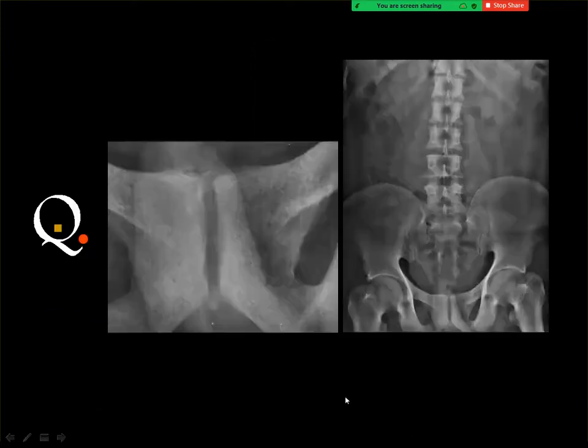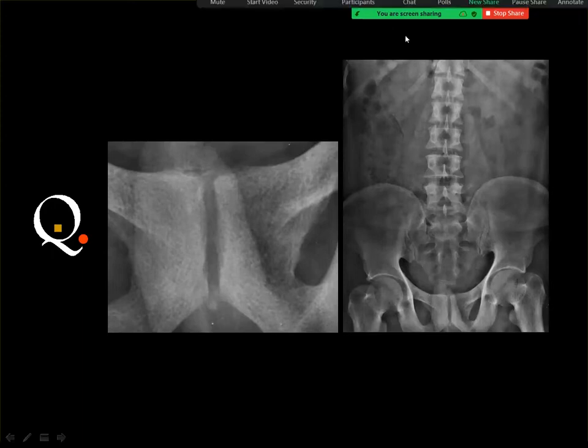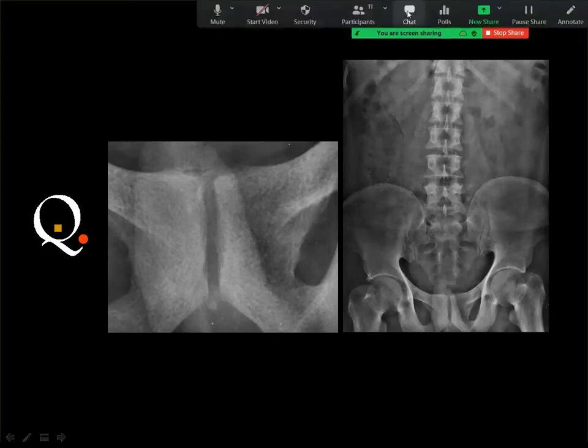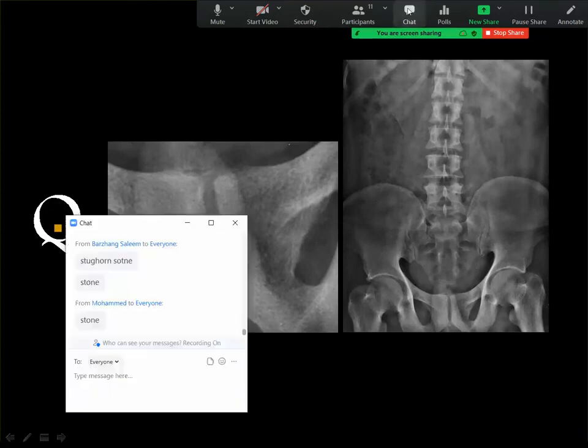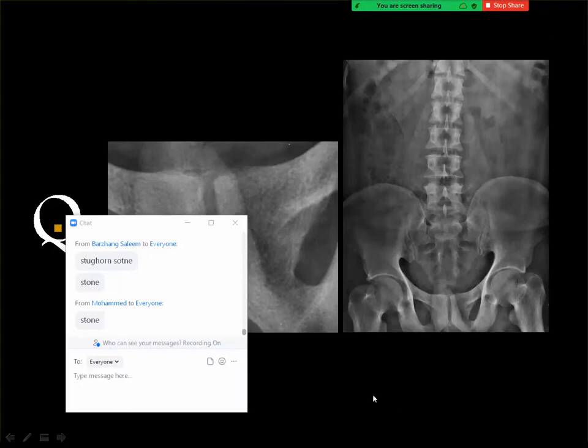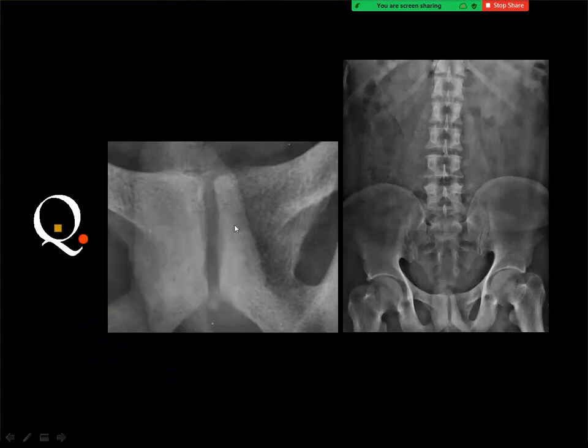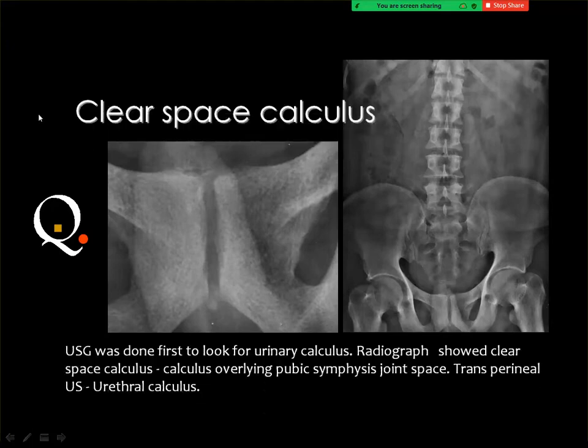And then this patient with painful micturition. Yes, and this stone is located along the course of the posterior urethra, and this space is known as the clear space.